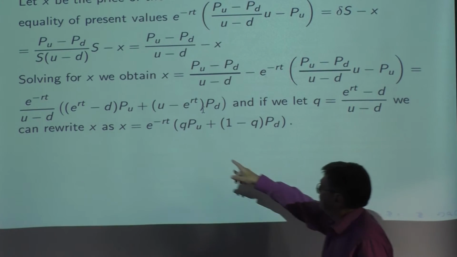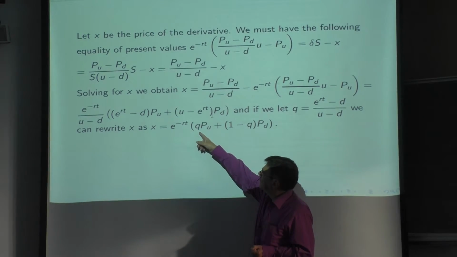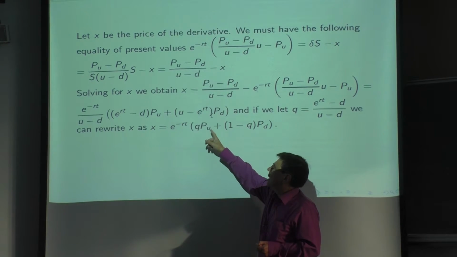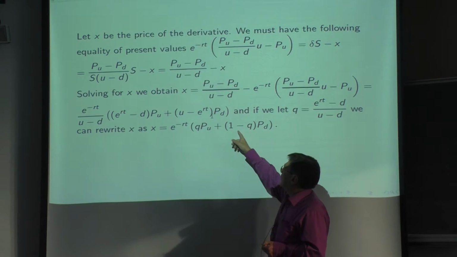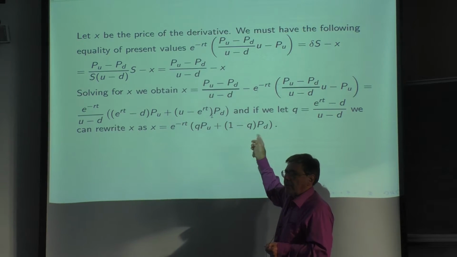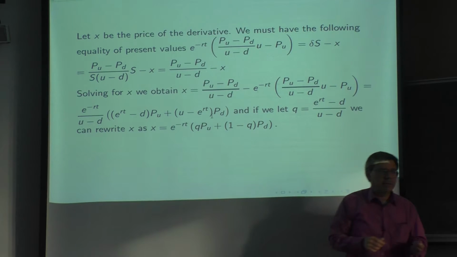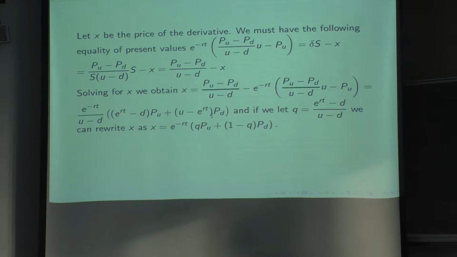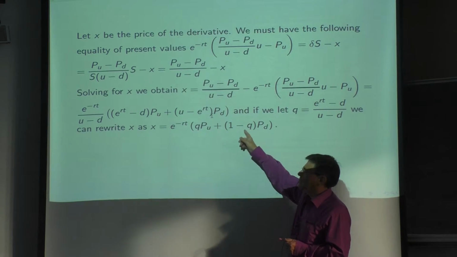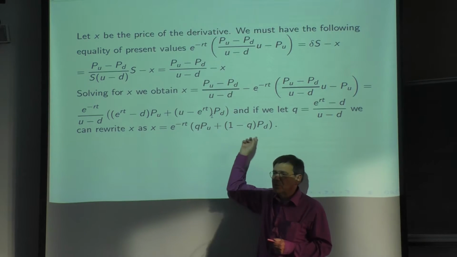What's this expression here? The probability of being in the up state of the world times the payoff you get at state up, plus the probability of finding yourself in this down state of the world times the payoff you get in the down state of the world. We have a name for that. If I give you this many pounds with this probability and this many pounds with this probability, then this expression is what?